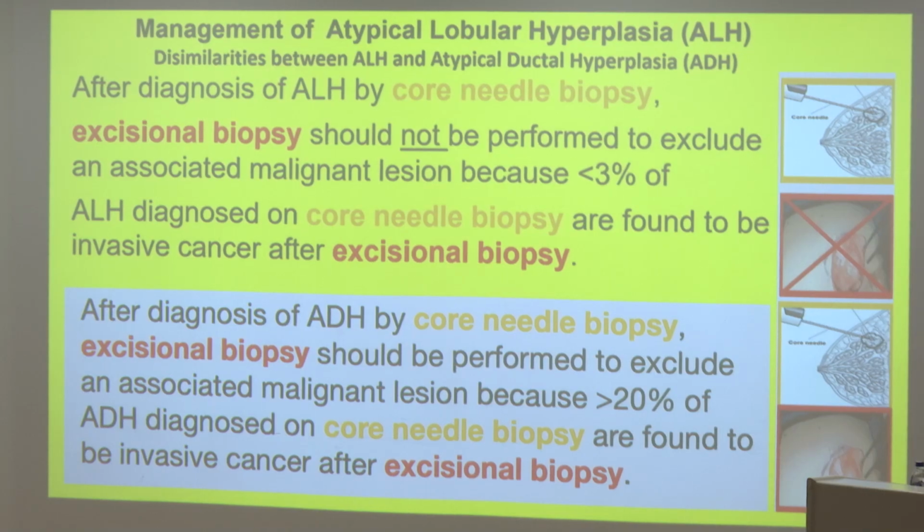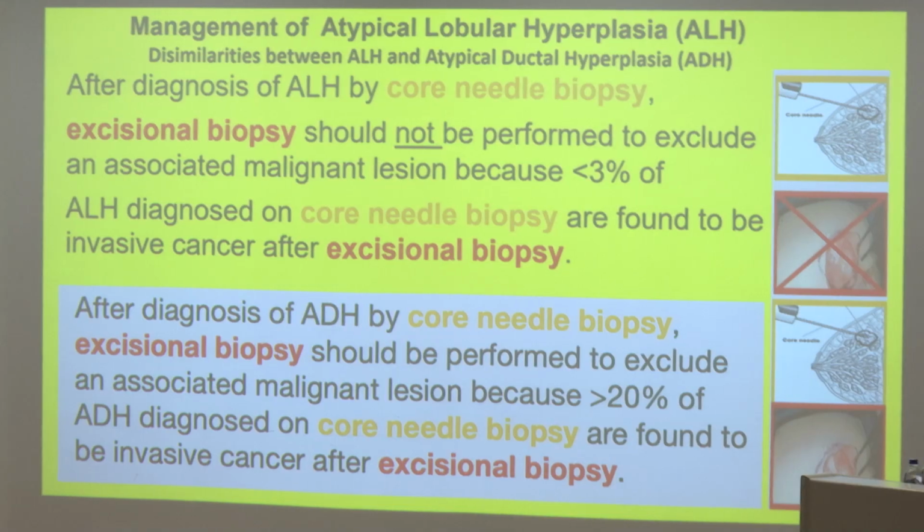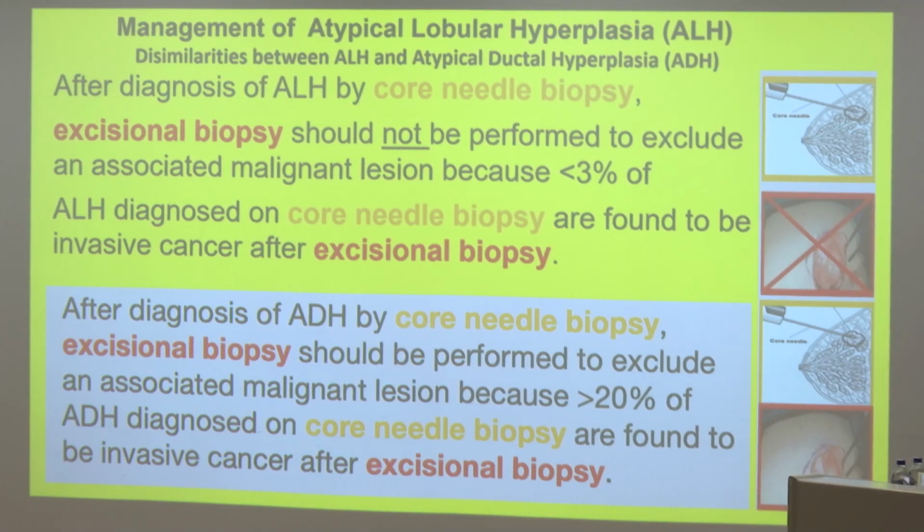As I said before, after diagnosis of ALH by core biopsy, excisional biopsy should not be performed. Why? Because here the upgrade is much less than in the case of ADH. We said that in the case of ADH we have more than 20% chance of finding an invasive cancer in excisional biopsy. Here this percentage is much less, less than 3%.